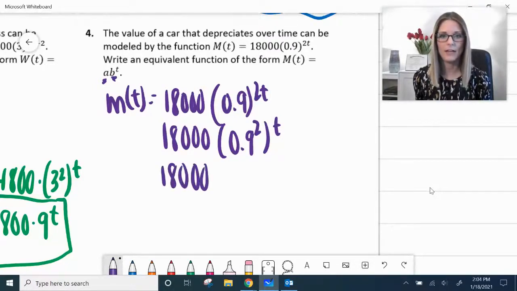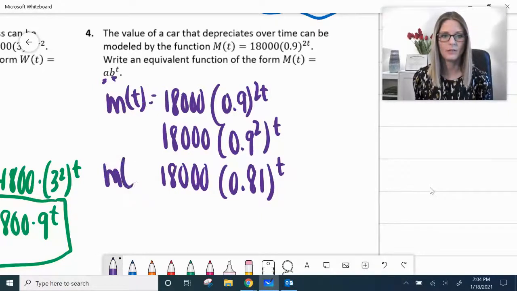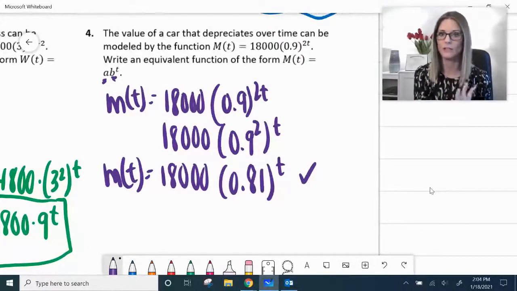And then evaluate 9/10 squared is going to give us 81/100 to the t. And that's your final answer. M of t equals, done, because you've got your 18,000 is your whole number coefficient. That serves as your A in the form that they want. And then we've got 81/100 as our base raised to the t. Final answer.